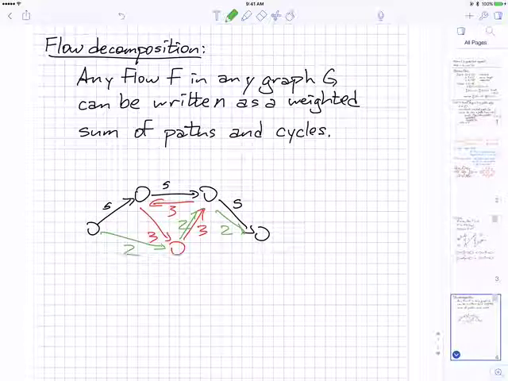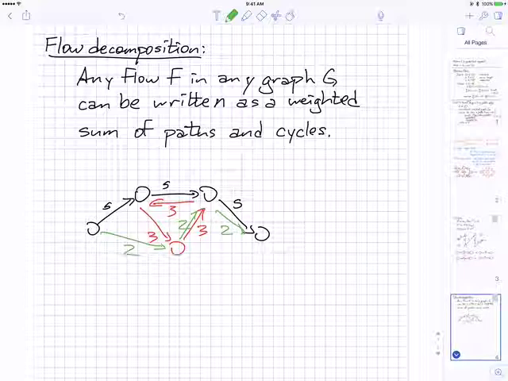So this imposes some structure on the flows which can be useful, because instead of just thinking of this flow as a function that you apply, where every edge has a value and there are some linear constraints, you can really think of the object that you're computing as a collection of paths and cycles.